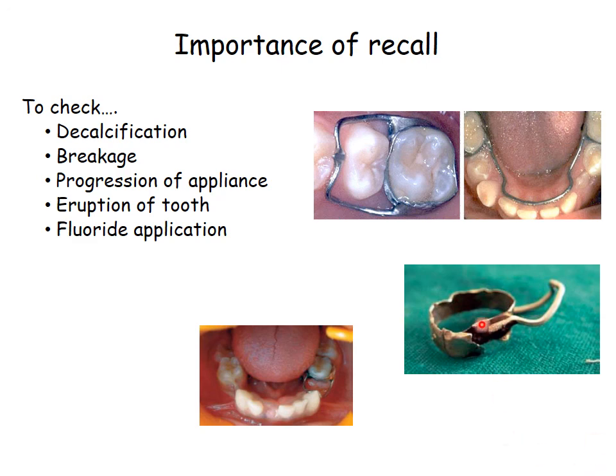We also check the progression of eruption of the teeth. As you can see in this band and loop space maintainer, this tooth has since erupted. Now we can remove the space maintainer and then recall the patient for application of fluoride.